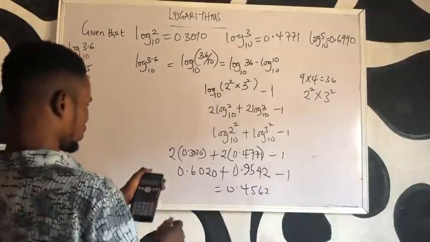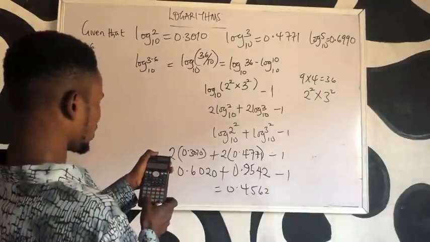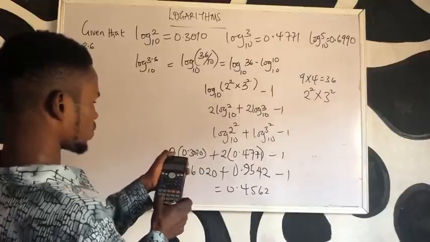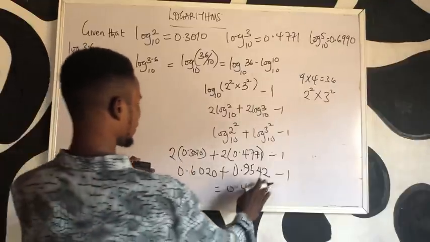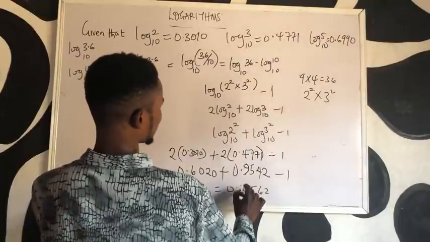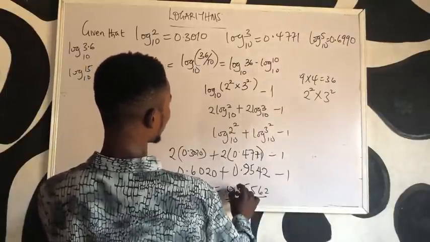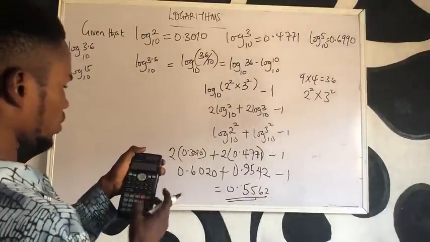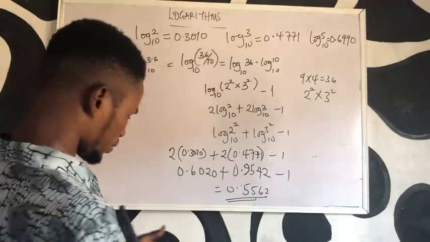So 0.6020 plus 0.9542 minus 1 should be 0.5562. Because from our calculator, log 3.6 is this.